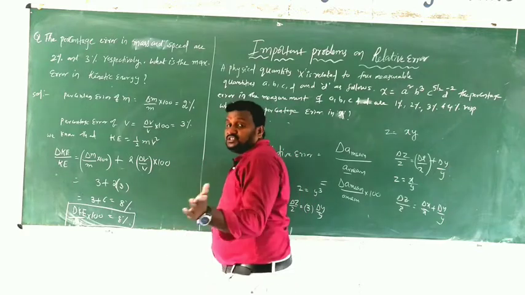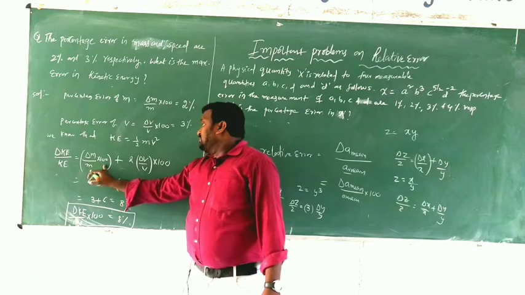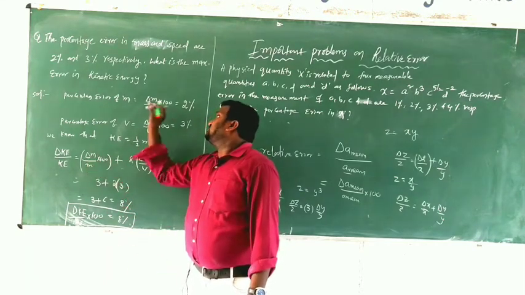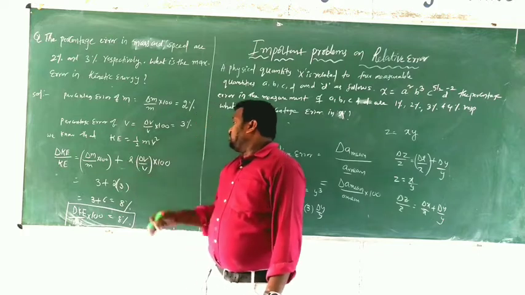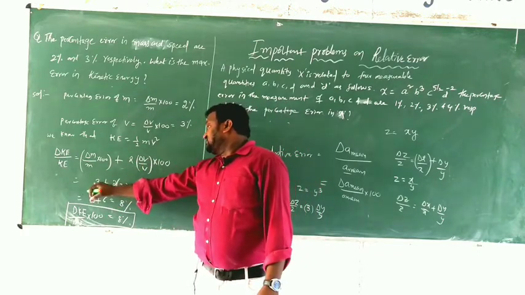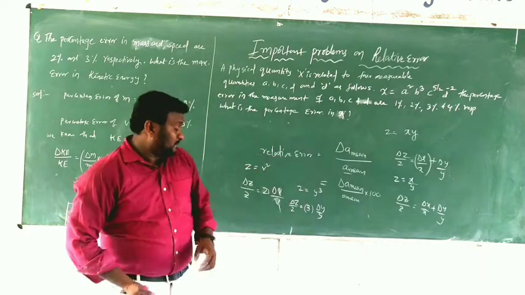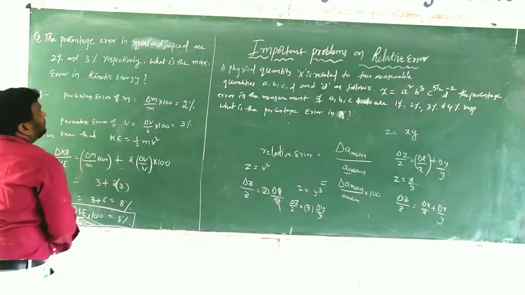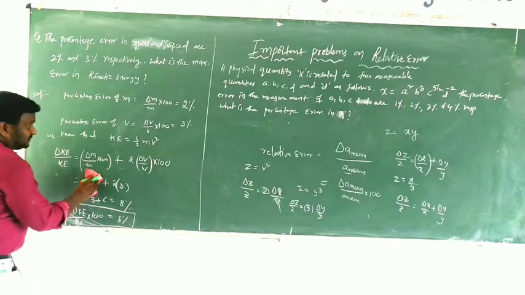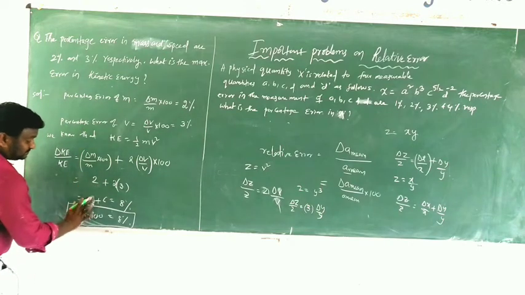After applying the combination of error formula, we write delta m by m into 100 plus 2 into delta v by v into 100. Already this value is 2 and this value is 3. Then 2 plus 2 into 3, 2 into 3 means 6. Oh sorry, this is delta m by m, what is it? 2%. Yes, 2%. Clear?